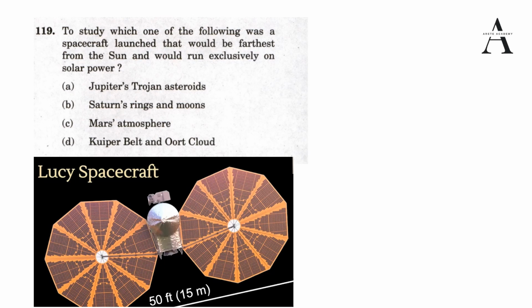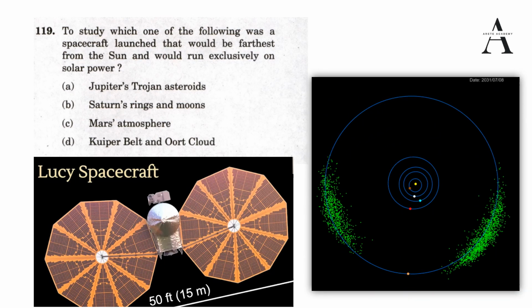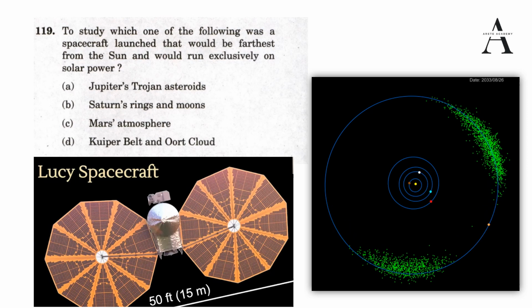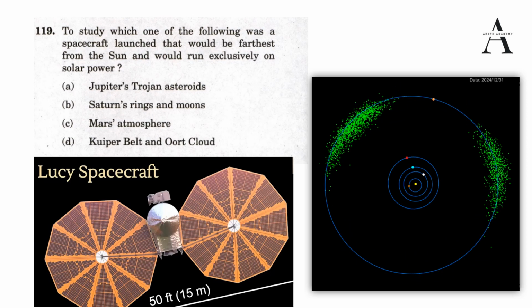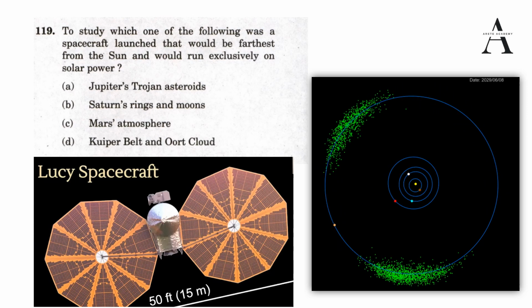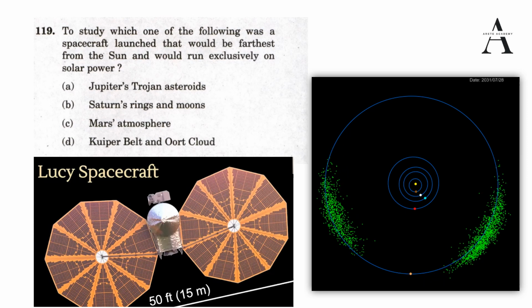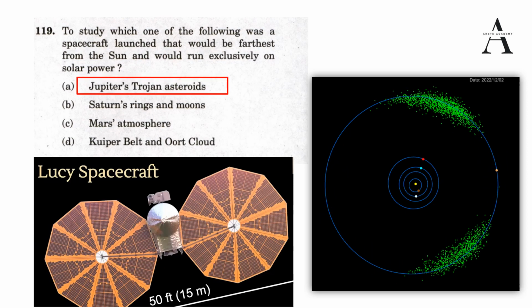It was launched to the Jupiter Trojans. As you can see in the image, the green ones are Trojans and they are in the orbit of Jupiter. So the answer is A, Jupiter's Trojan asteroids.